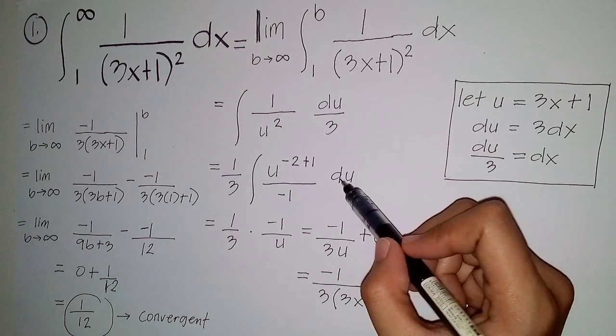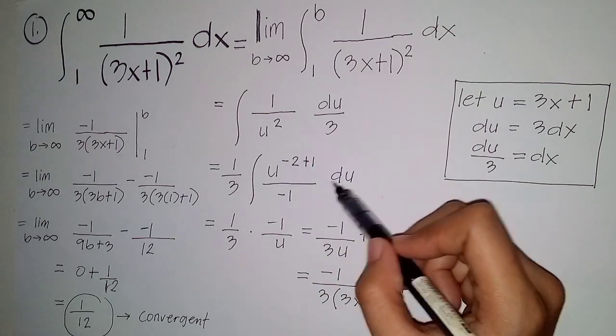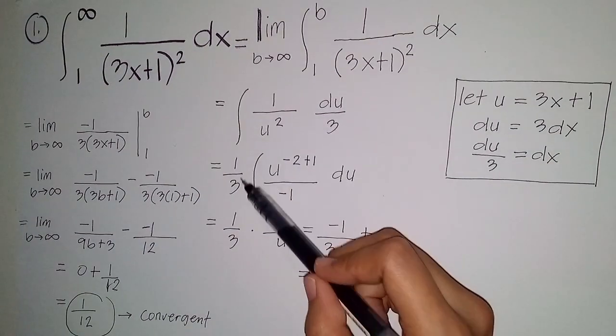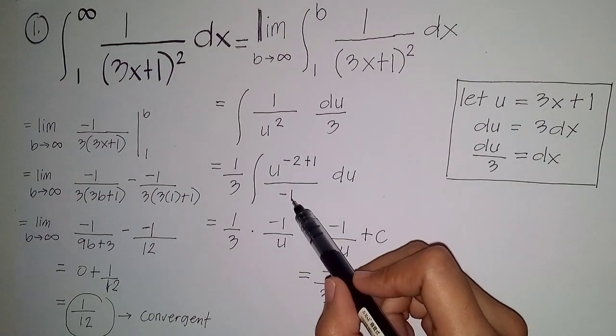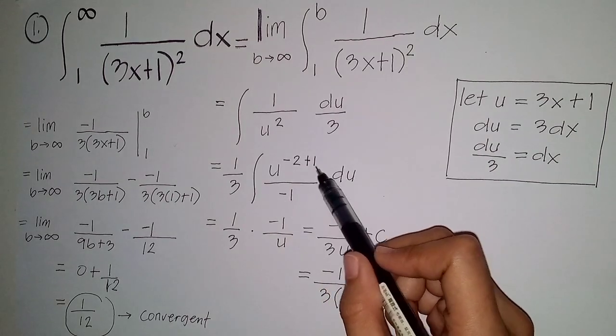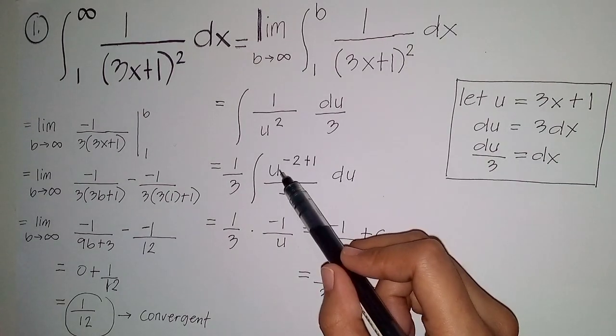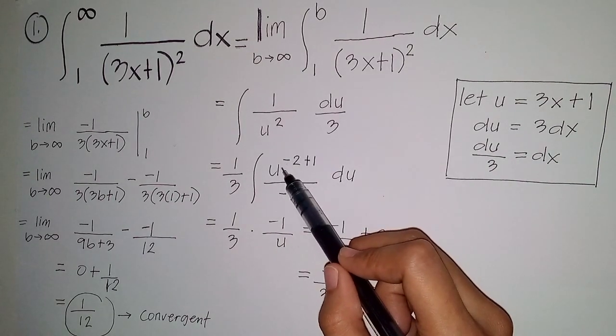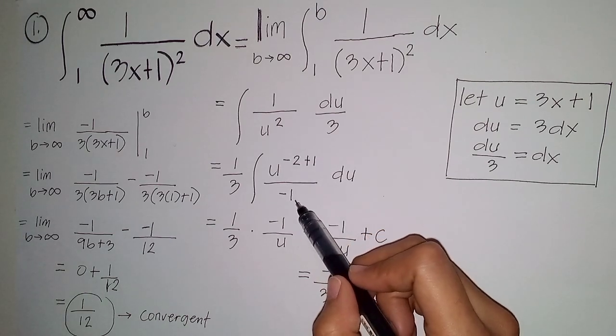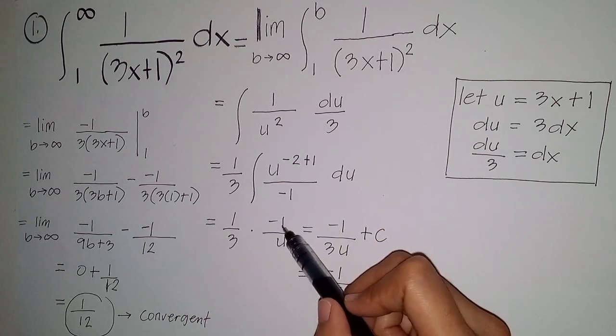And the du here, we put it right beside this expression. The next thing is to copy 1/3, and then let us move u raised to the power of -1 to the bottom. So it gives us -1 over u.